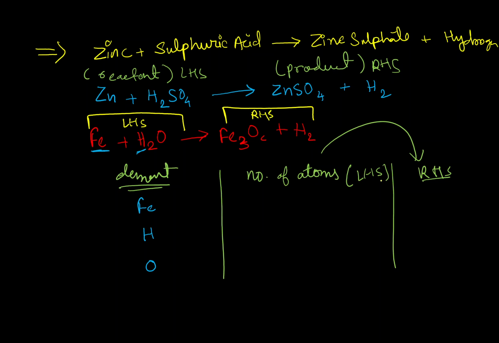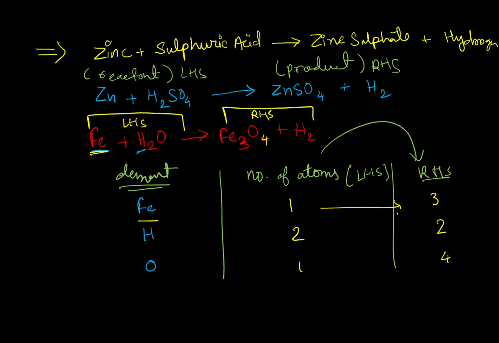Number of atoms in the left hand side: here we have Fe as 1, so it's one atom of iron. Here there are 3 atoms of iron, so 3, and hydrogen is 2 and hydrogen is 2, that's balanced. And we have one oxygen here and 4 oxygens there.